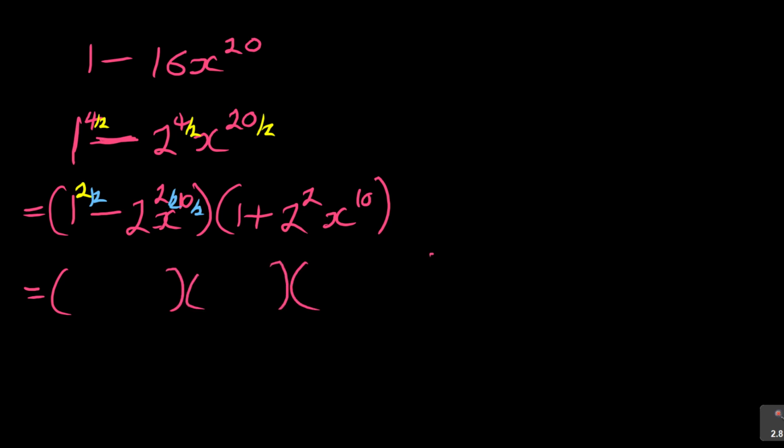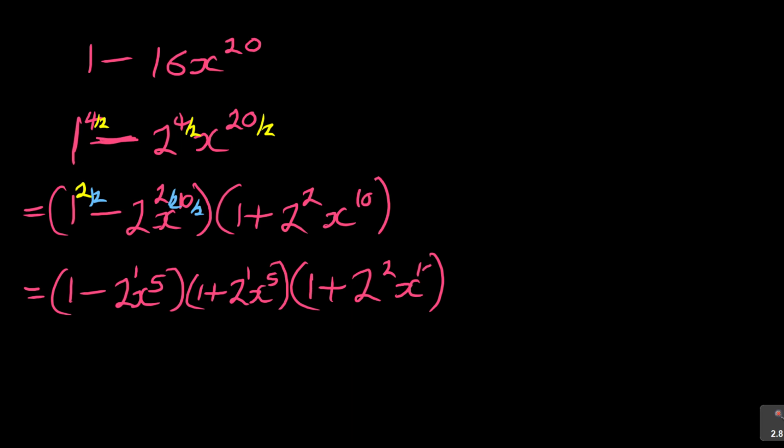Then there is the original one. So what we have, 2 divided by 2 is 1 minus 2 to the power 1 x to the power 5, and then 1 plus 2 to the power 1 x to the power 5. And then you've got the last one, 1 plus 2 squared x to the power 10.